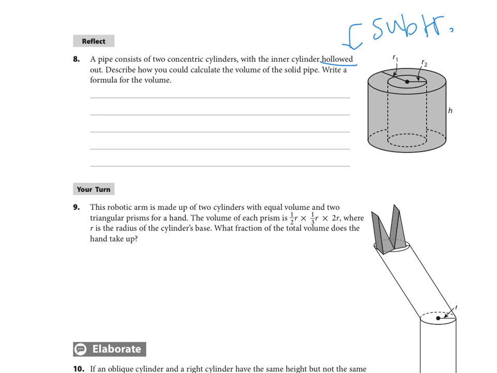So we're just going to write down a quick little formula here for how we would calculate the volume of this solid pipe. We're going to write a volume formula just in terms of the shapes. So first we're going to take the volume of the big cylinder, and we're going to subtract out the middle hollowed out cylinder, which is the volume of the small cylinder.